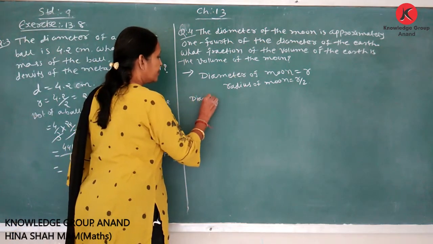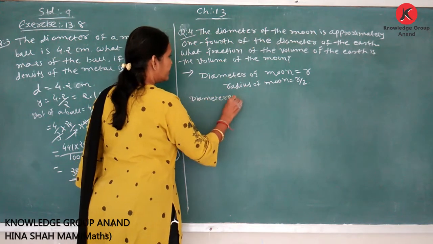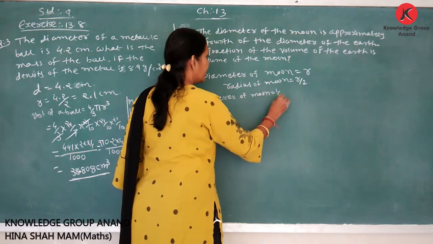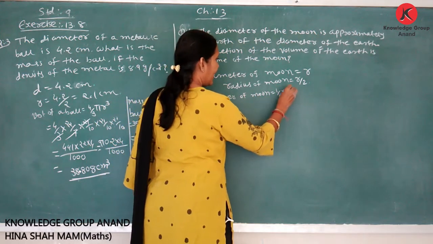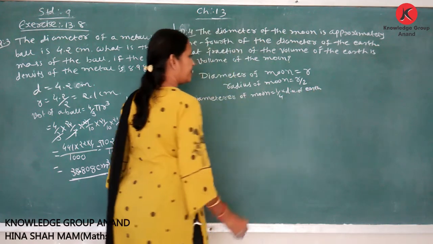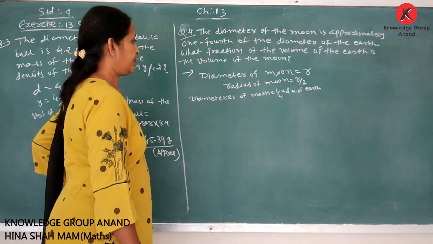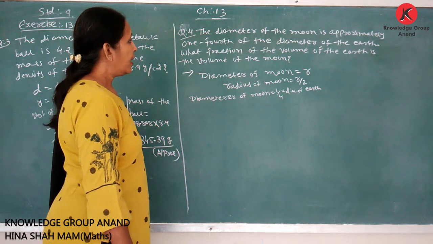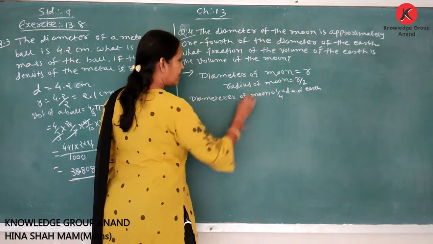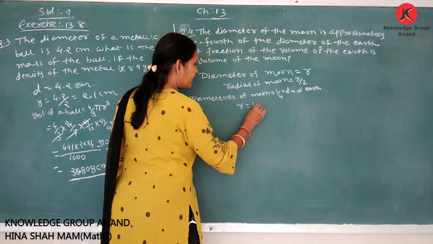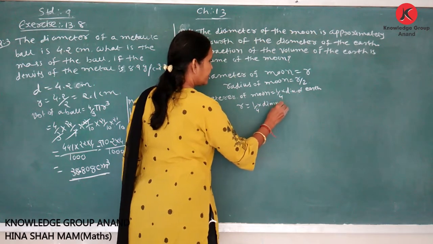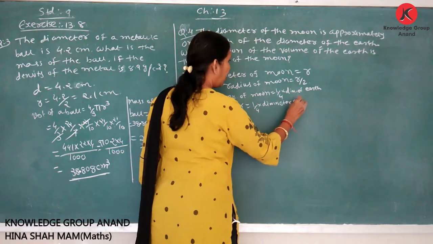Diameter of moon is equal to 1/4 into diameter of earth. Here diameter of moon is equal to R, equal to 1/4 into diameter of earth.